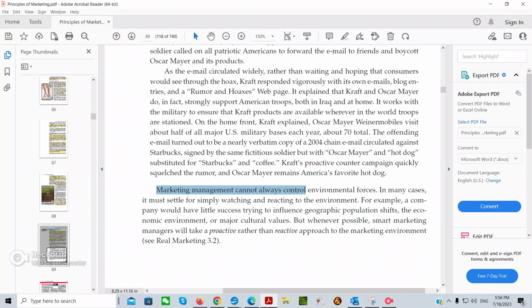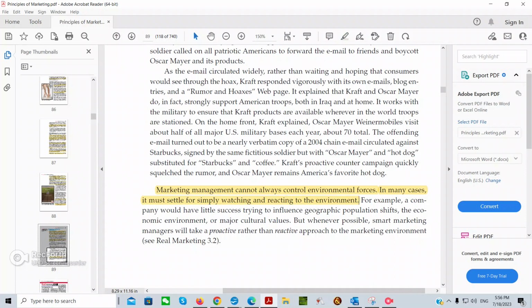A marketing manager cannot always control environmental forces, okay? But in many cases, it must settle for simply watching and reacting to the environment. That's the supporting point.